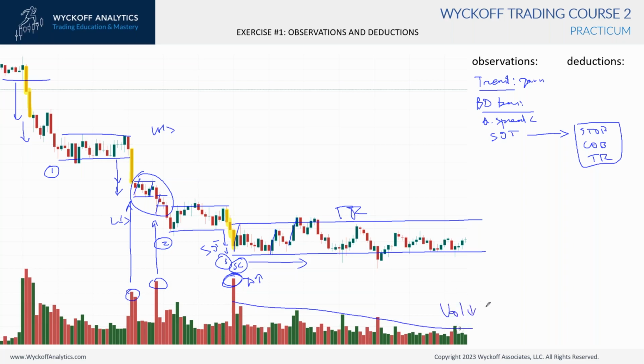Volume is diminishing, meaning that both supply is diminishing and demand is diminishing. Isn't that bullish? Diminishing supply, isn't that bullish? Okay, and a lot of you are saying yes.